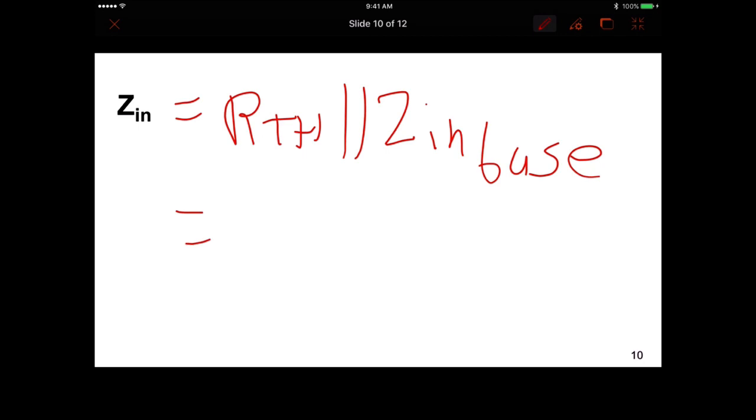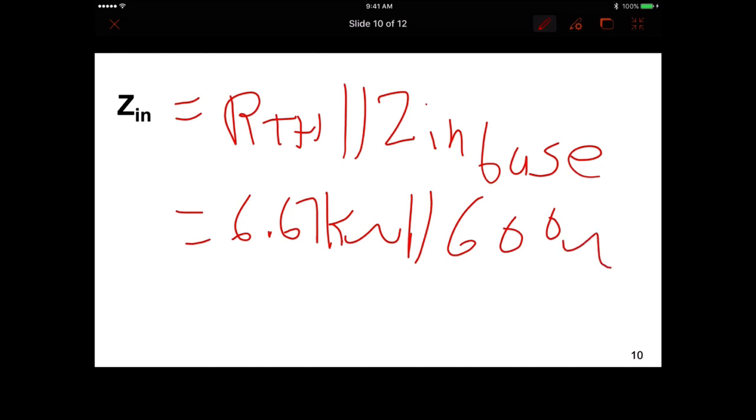So that's 6.67 k ohms in parallel with 600 ohms, which equals roughly 550.48 ohms.